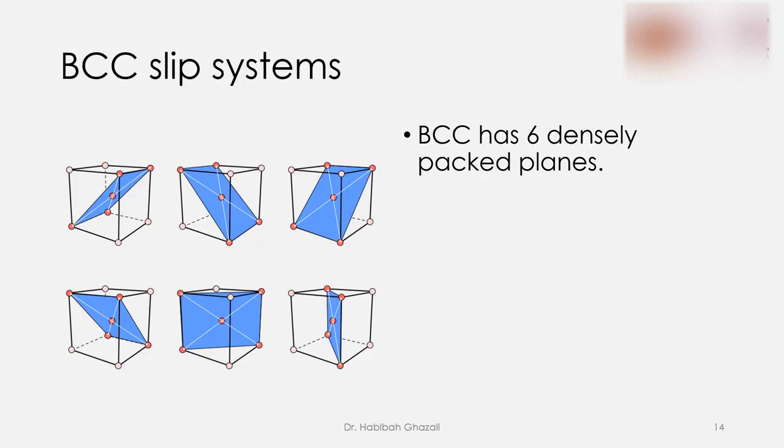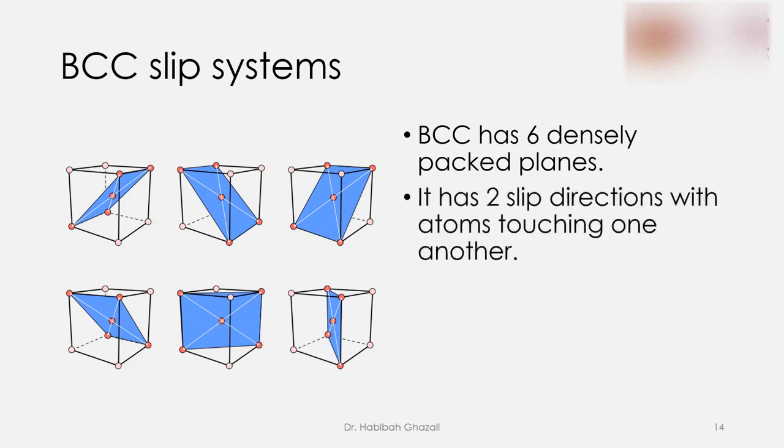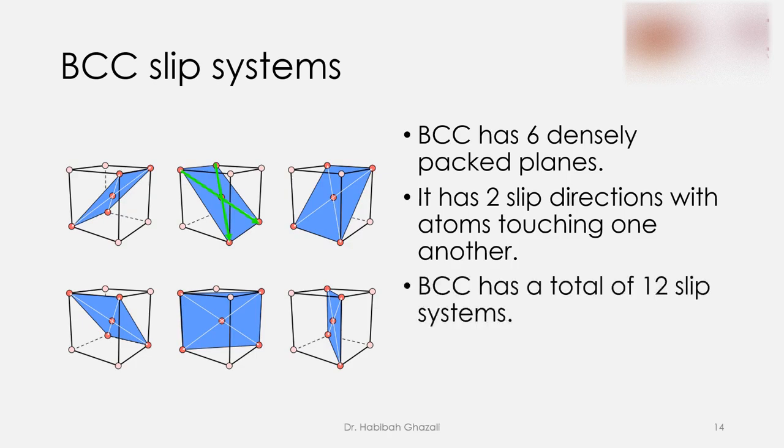So the dislocation line will prefer to move on this plane, but in which direction? They will prefer to move in the direction with atoms touching one another. So they will prefer to move in that one direction, and also that's the second direction that they will prefer to move. So in total, BCC also has a total of 12 slip systems.